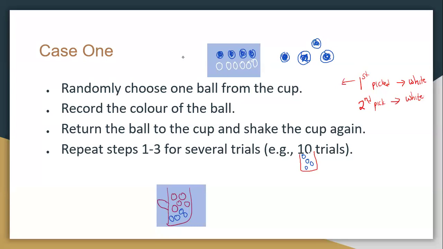Put your answer in the chat. In case you picked blue, you tell us blue. You can just say white, this was the probability. Blue, this is the probability. I'm waiting to look at the answers. When you picked, what was the probability that you picked a white?